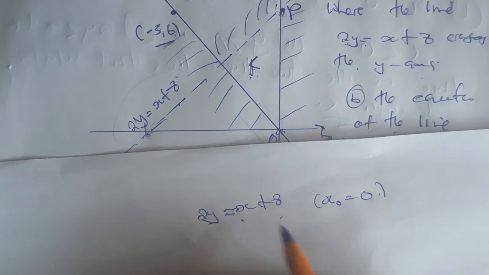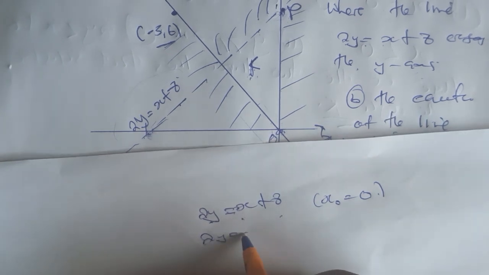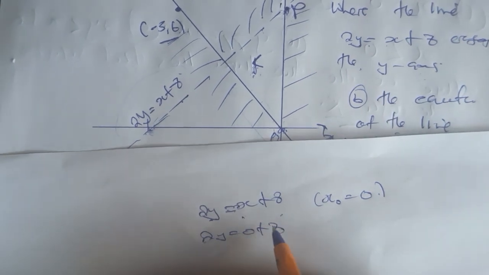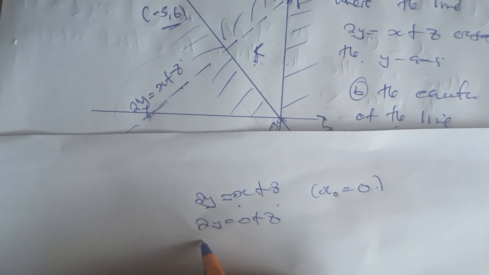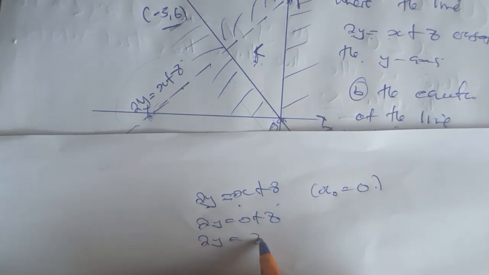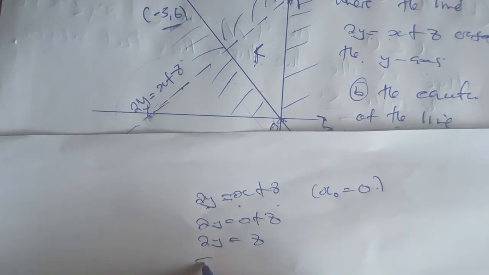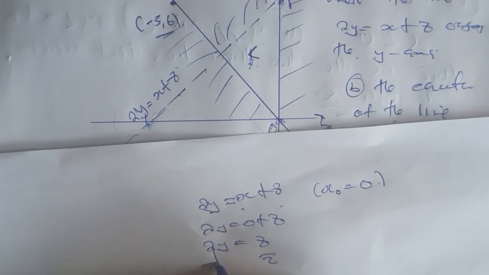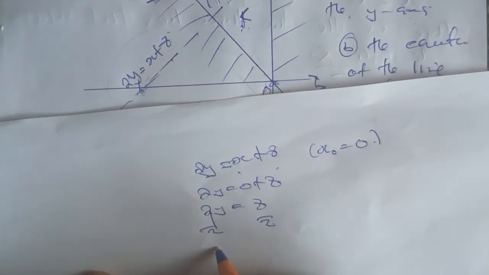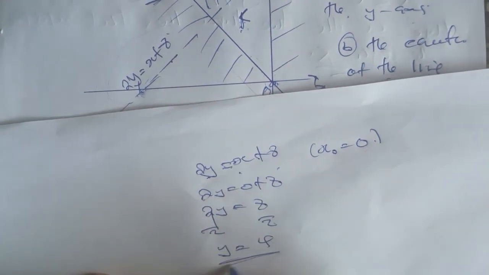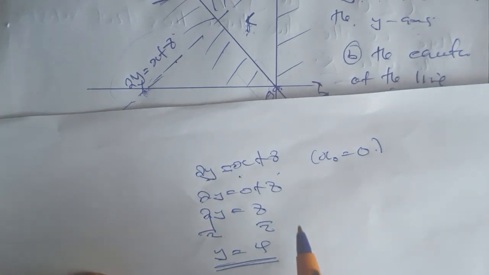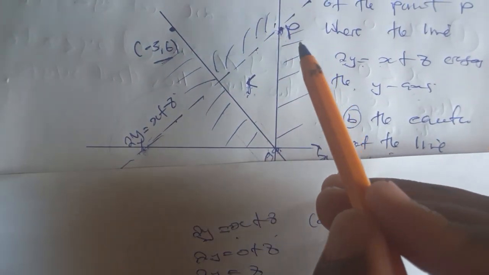Where there is x, we put 0, and you're going to have 2y equals 0 plus 8. Then 2y equals 8. Then we divide by 2, so y equals 4. So this is the point on the y-axis, 4, where P was crossing.